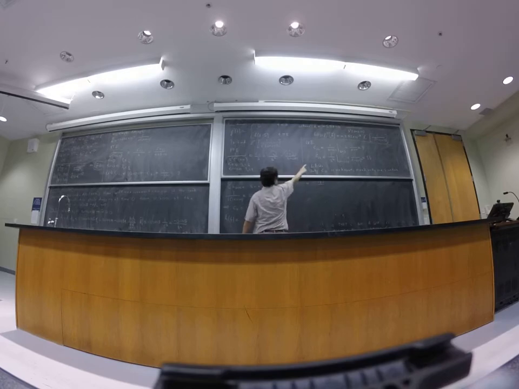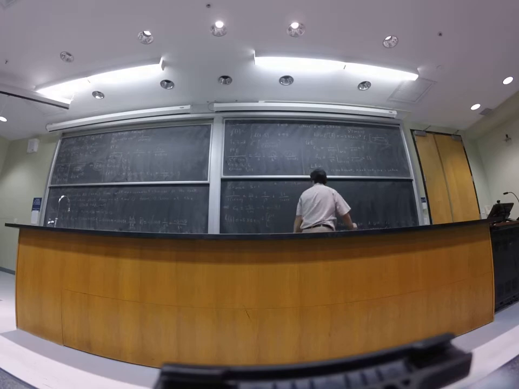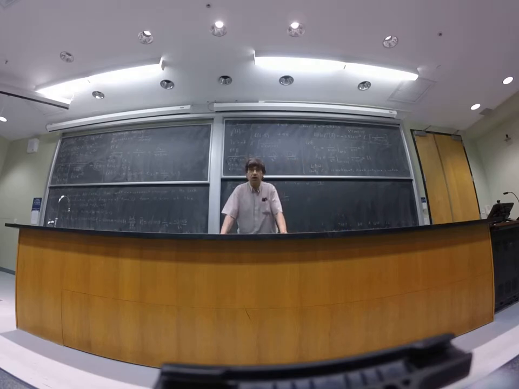So h of t is minus 0.555 times the inverse Laplace transform of this, which for the first term is... okay guys, I ran out of time, so we'll have to finish it from this point. We'll continue on Wednesday.